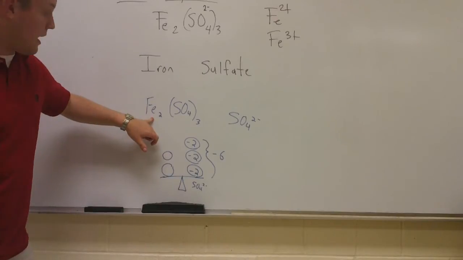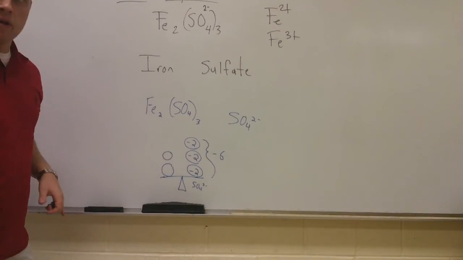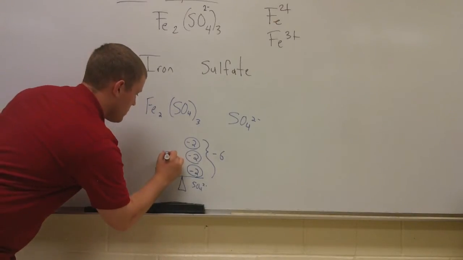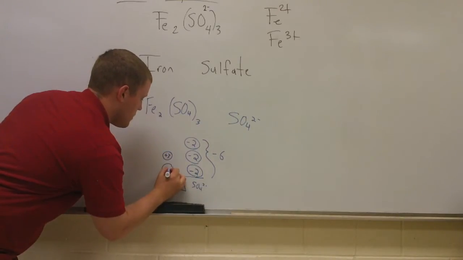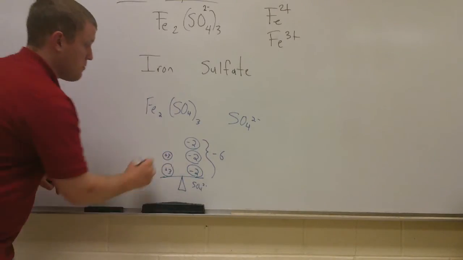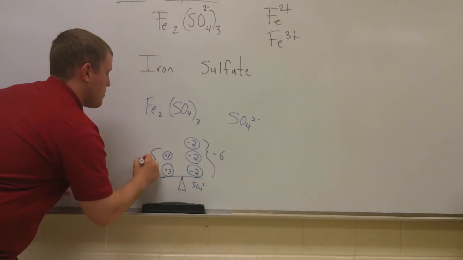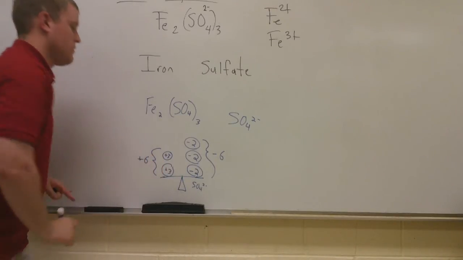Now, what's the charge of that iron going to be if you have 2 of them? Well, obviously, it's going to be +3, because 2 plus 3s make a net +6.